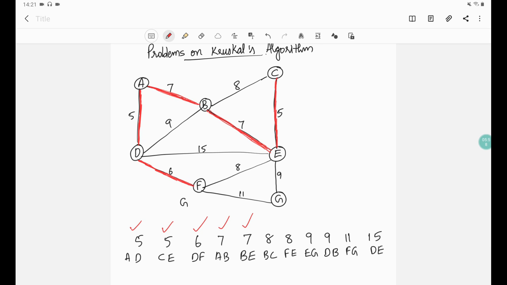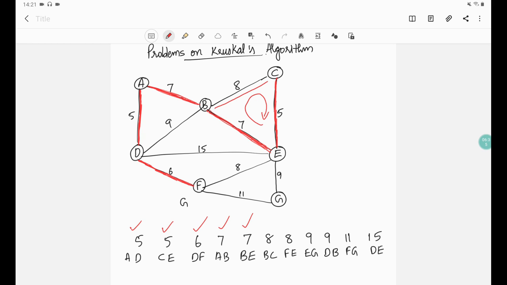Now consider edge BC. Edge BC, if added to the spanning tree, will create a circuit. A cycle or circuit will be created if I add edge BC to the spanning tree. But it is not possible, since we are trying to create a spanning tree, and trees are graphs without circuits. Therefore, a spanning tree must not contain any circuits.